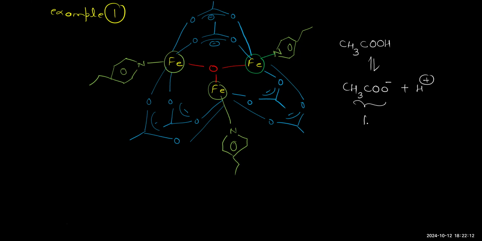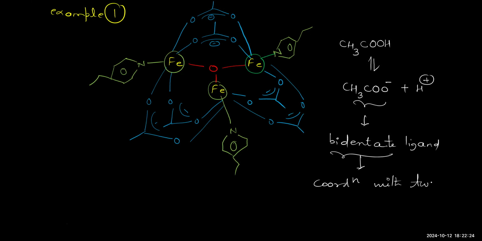And this acetate acts as a bidentate. Bidentate means two coordination with two atoms of that ligand. So this is a bidentate ligand which is bridging between the two iron centers.